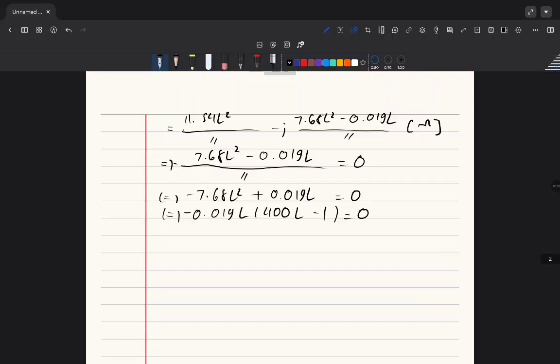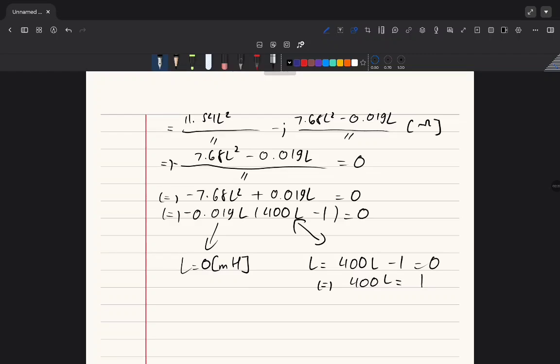This gives us two scenarios. The first one just gives us L equal to 0. The second part, 400 L minus 1 equal to 0, gives 400 L equal to 1, so L is equal to 1 over 400, which is 2.5 millihenries.